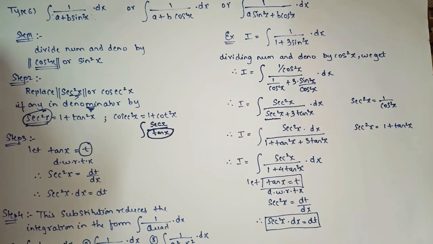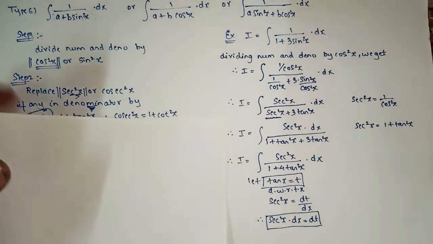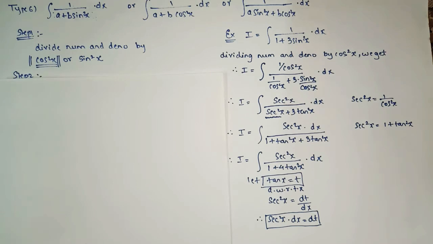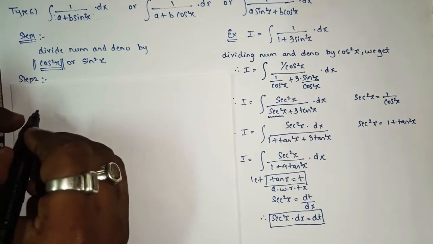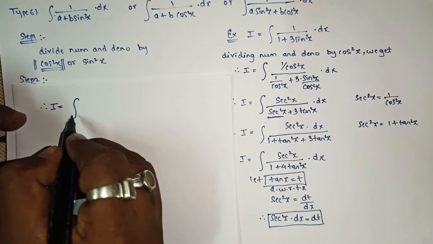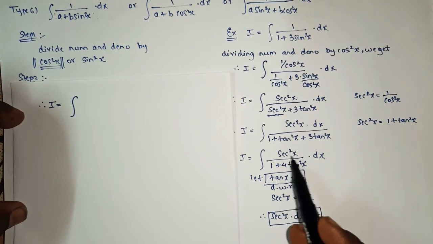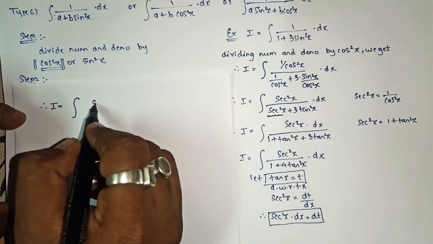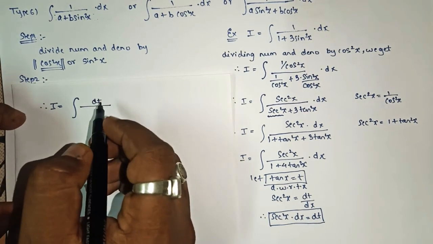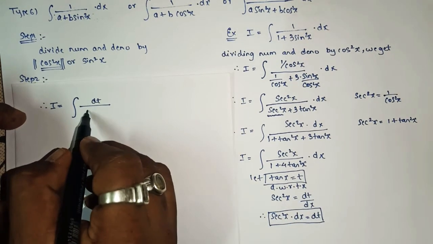Now this substitution reduces to integration in the form of 1 upon quadratic. So the next step: I equals, in place of sec square x into dx we'll write dt, upon, in place of tan x we'll write t.